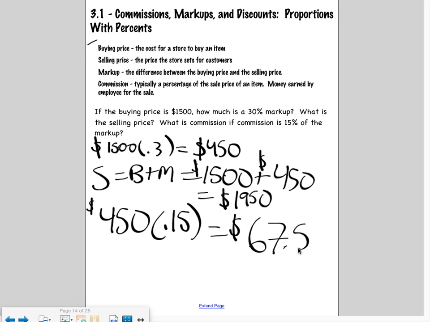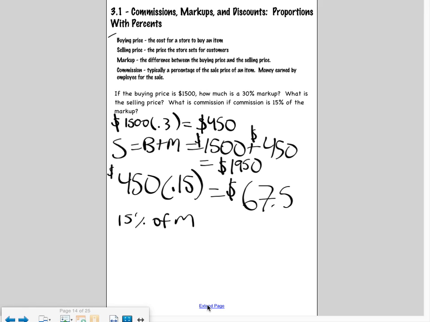So if a commission is 15% of the markup, so we want 15% of the markup. But the markup is 30% of the buying price.